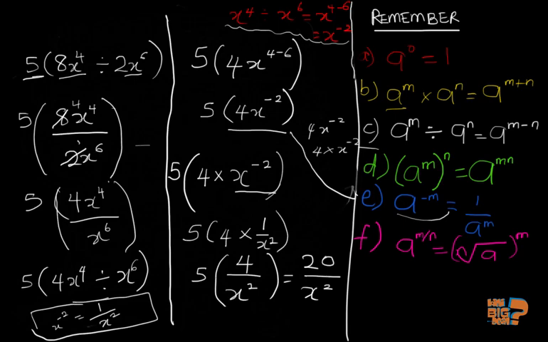Okay, if that is unclear to you why we are not doing 5x squared, it's just a case of 5 over 1 times 4 over x squared, which is equal to 5 times 4 is 20. 1 times x squared is x squared. And that is your answer, okay?